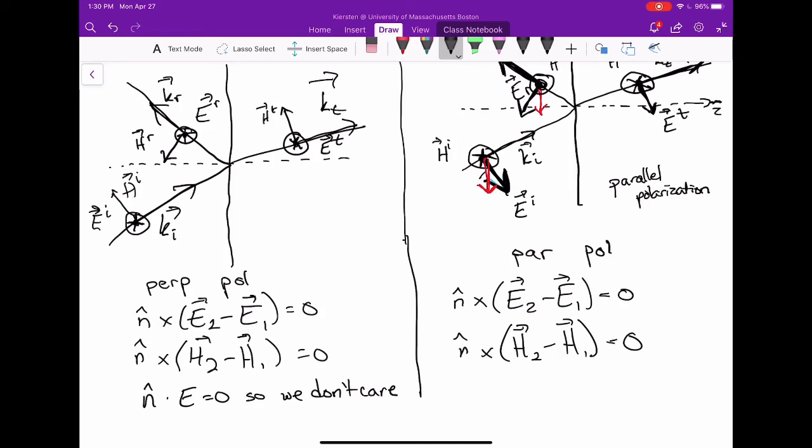But in the parallel polarization case, there is a perpendicular component of the electric field, so we care about D2 minus D1, and technically it's equal to the surface charge density, but since we're considering a lossless case, there isn't a surface charge density, so we get that.